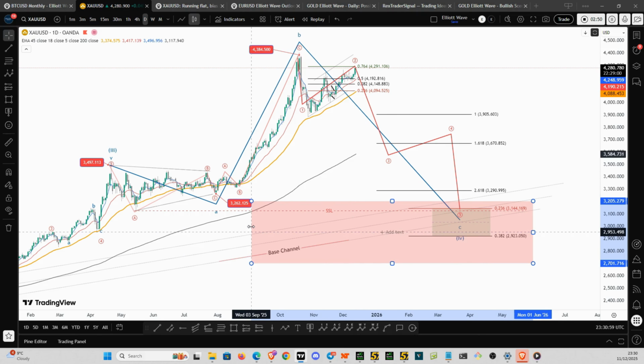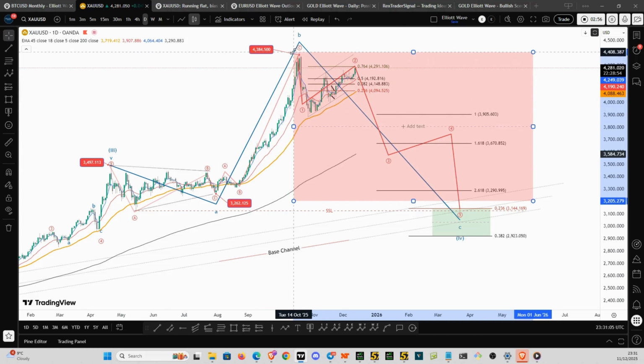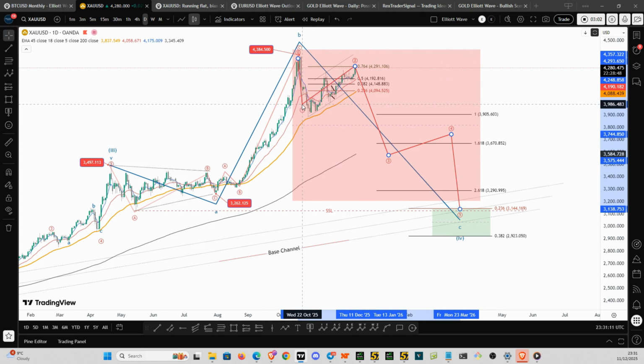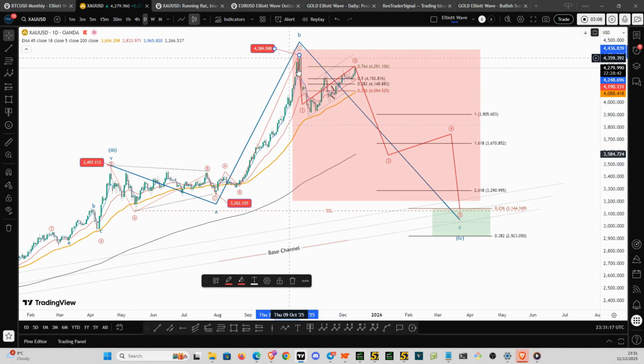Inside Wave C, structure is impulsive. 5 subwaves, 1, 2, 3, 4, and 5. Wave 1 of C is already in place. That's the initial decline off the Wave B peak at 4,384.142.